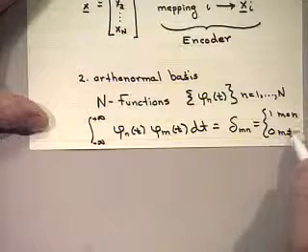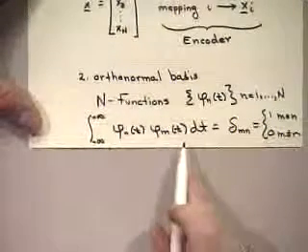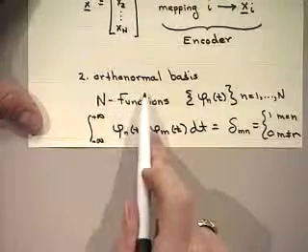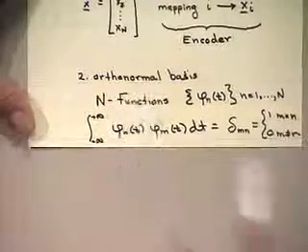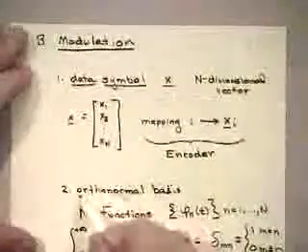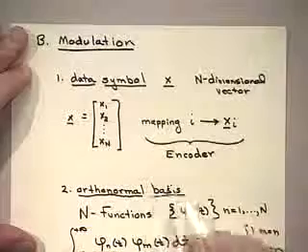We have a set of functions like that. It's called an orthonormal basis. Nice set of functions, and they're used along with the concept of a data symbol to describe a modulator.